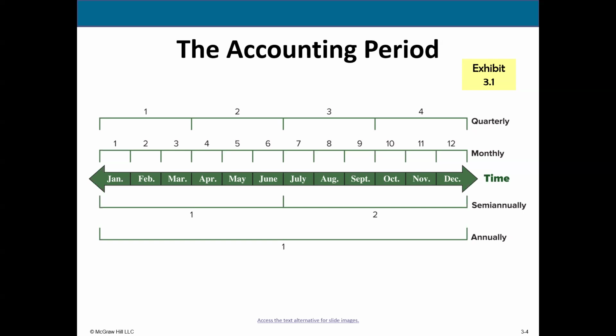Now, I want you to think about the way that the income statement works. Every single month, I make sales and I have operating expenses that I need to record. Right? So here we are. Today's January 27th.